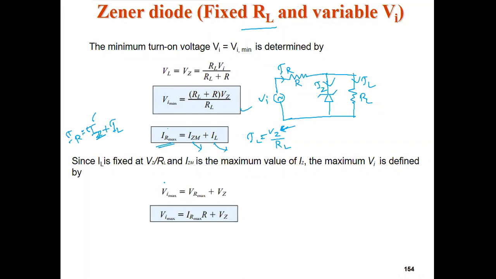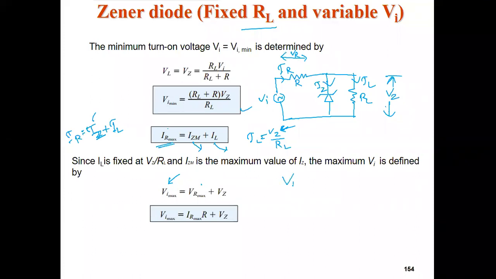So your VI max equal to VR max plus VZ. Why? Because this is the voltage VZ which is coming across this RL, and across the first resistor, the voltage across it is VR.